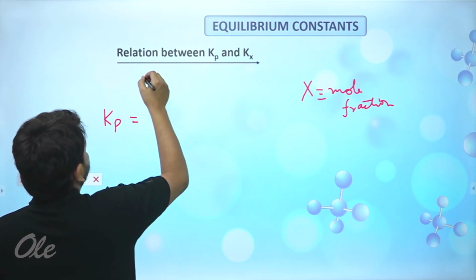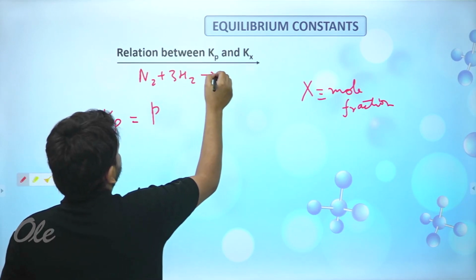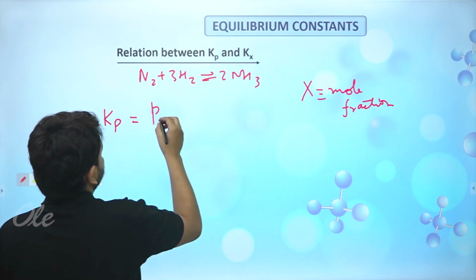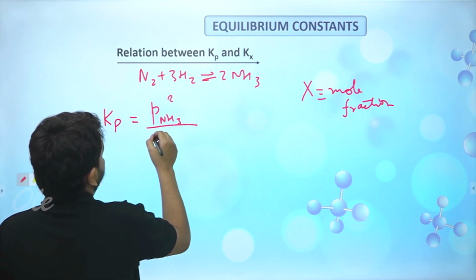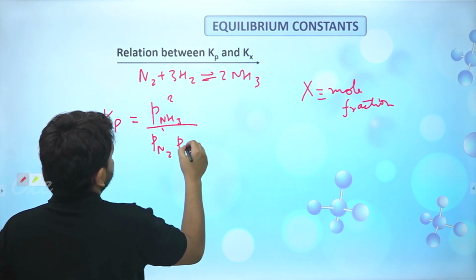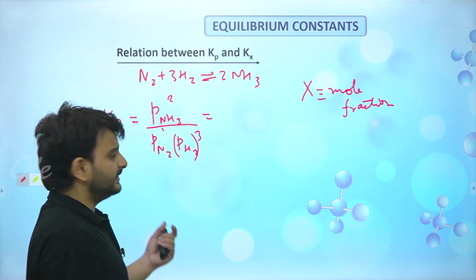Let's take the reaction N2 plus 3H2 forming 2NH3. Kp was the partial pressure of NH3 raised to the power 2 over the partial pressure of N2 raised to the power 1 into the partial pressure of H2 raised to the power 3.